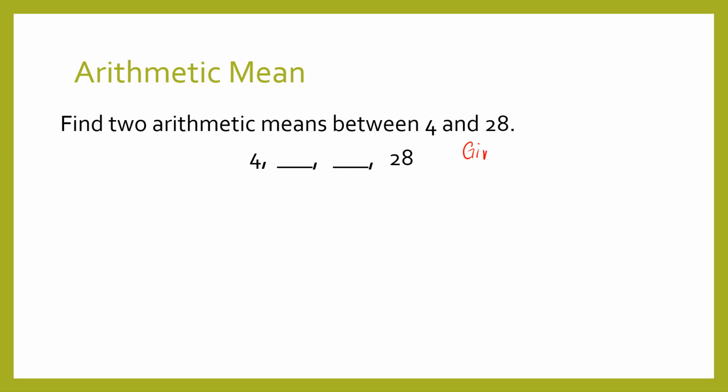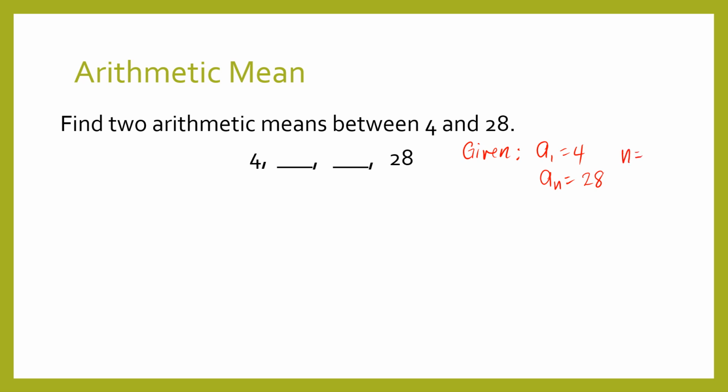Every time that you have this problem, you have to write down first all the given information. So what is a sub 1? A sub 1 is 4. Then we have to find the a sub n. A sub n is 28. But the question becomes, what is the value of n?